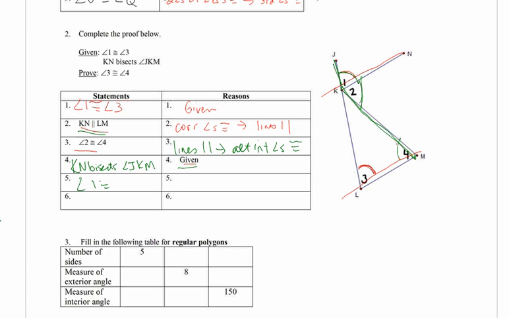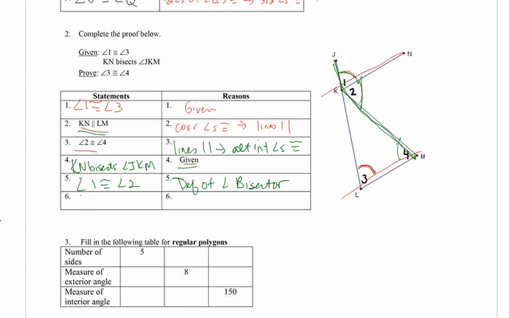Why do we know that? Well, there were two things that came up with a bisect. There was either the definition of angle bisector, or there was the angle bisector theorem. We only use the theorem if we see a computation involving the term 1/2. So it must be the definition of angle bisector.